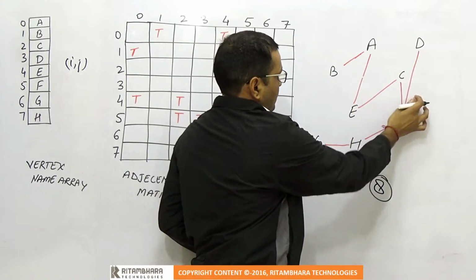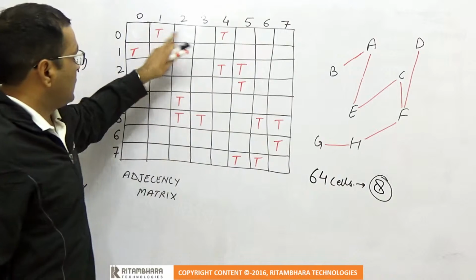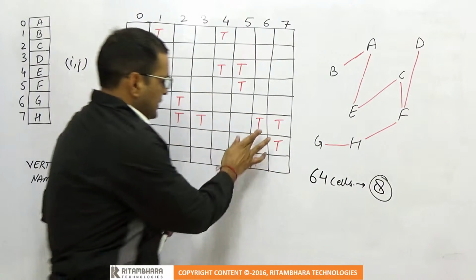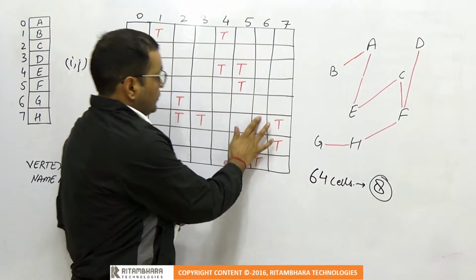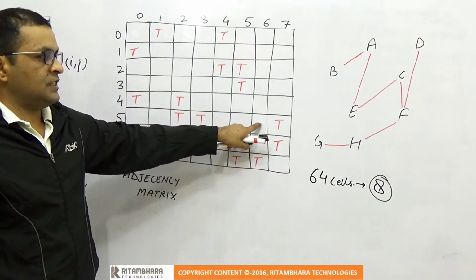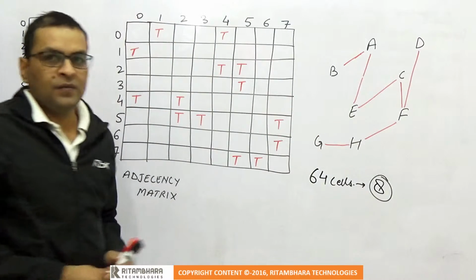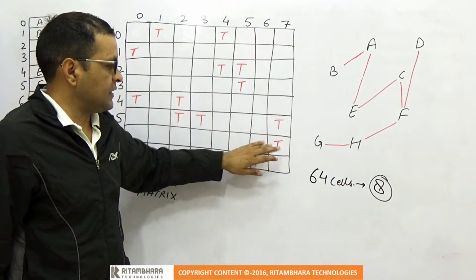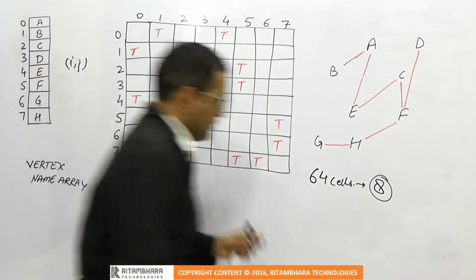In fact 7: 1, 2, 3, 4, 5, 6 and 7. Sorry, this cell is false, because F is not friend with G. So we are using practically only 7 cells.